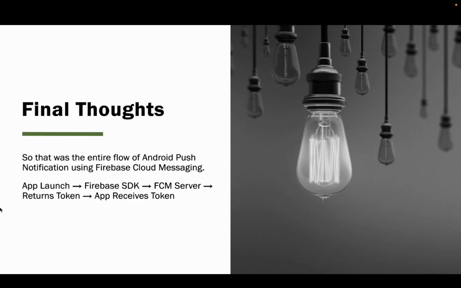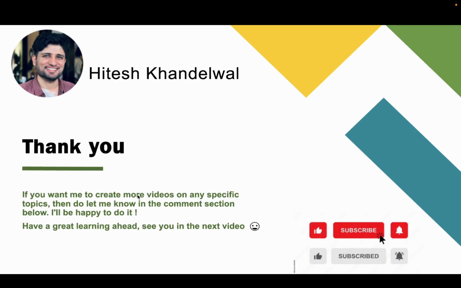And then this flow: app launch, Firebase SDK, FCM server, refreshed tokens, and then the app receives tokens again. So understanding this flow helps you debug delivery issues, design reliable notification logic, and scale your messaging strategy confidently.